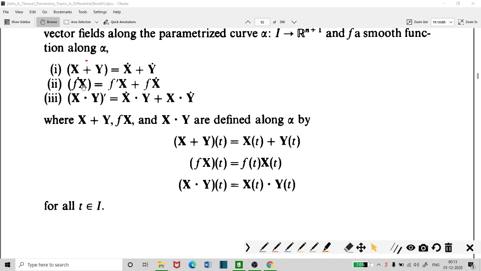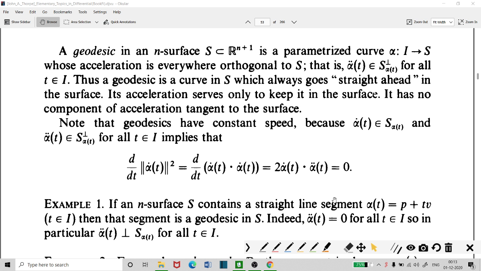So we can say that whenever x, y are two smooth differentiable vector fields, then their sum, scalar multiple and dot product are all differentiable and follow these rules.